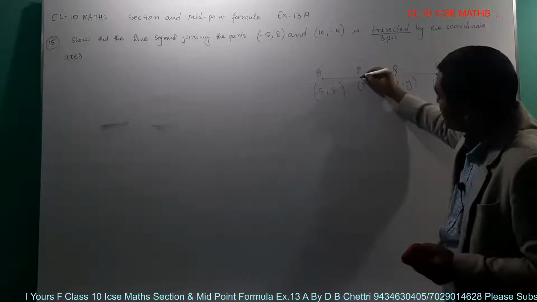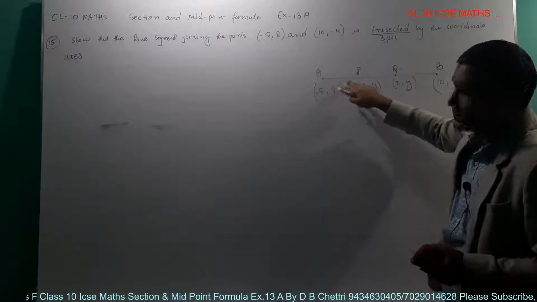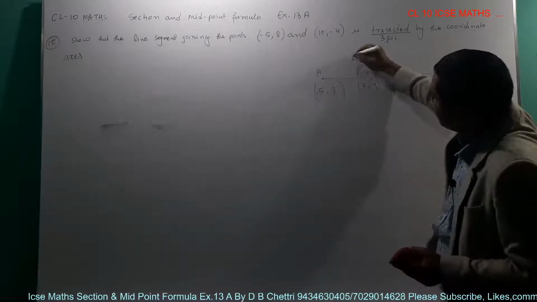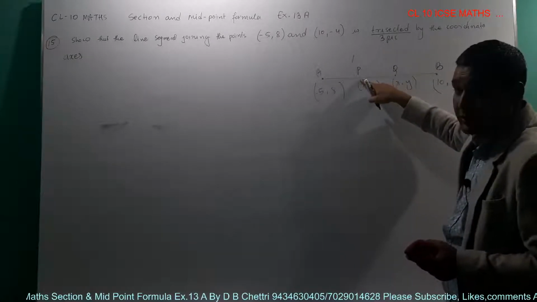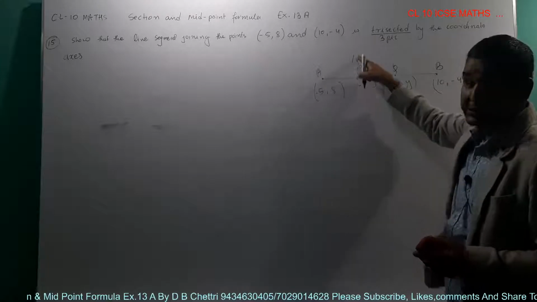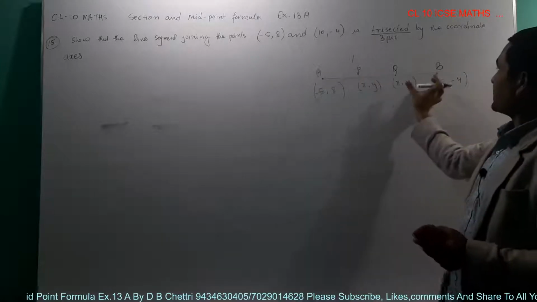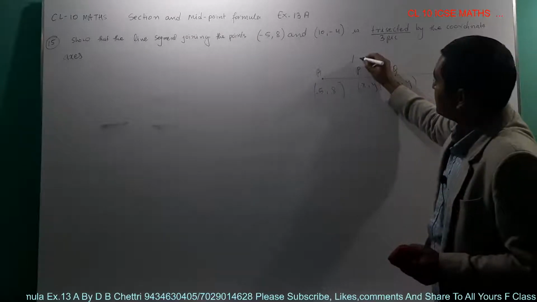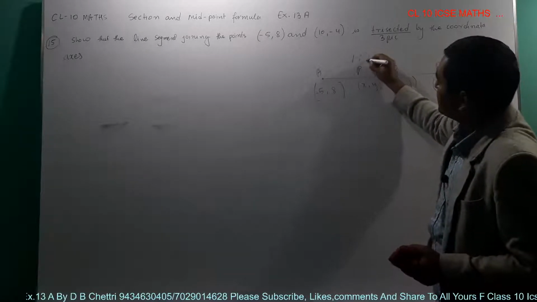Just look here, from A to P, one piece. Then from P to B, how many pieces are there? 1, 2, two pieces are there. That means 1 is to 2. Okay, 1 is to 2.